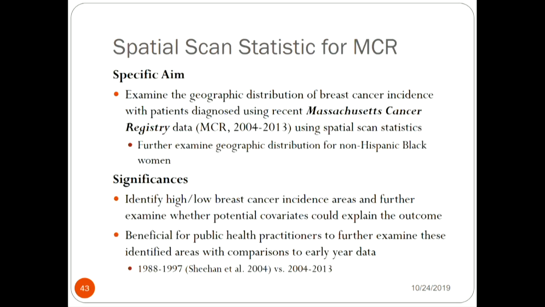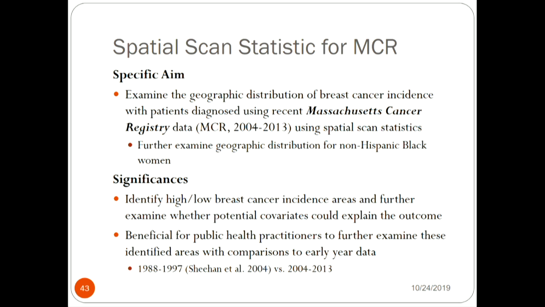Okay, and I would like to use real data to show how we find the clustering of breast cancer, by using the Massachusetts Cancer Registry data, which is the most recent data, from 2004 to 2013.